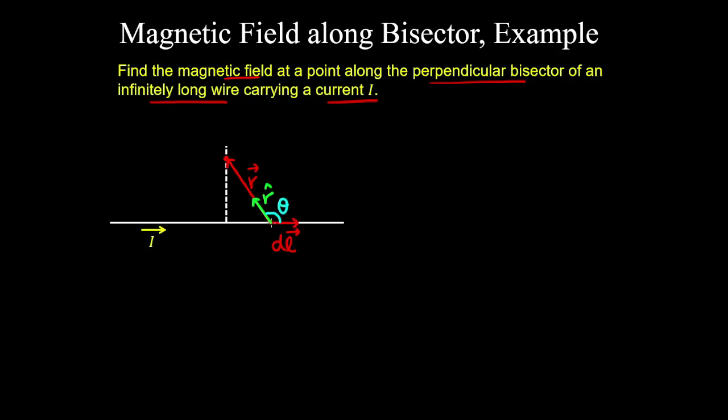So if we take the cross product between dl and r, by the right hand rule, our differential magnetic field vector points out of the plane.